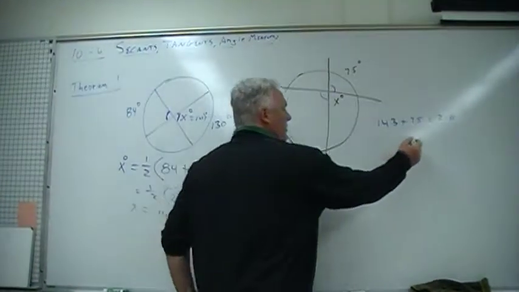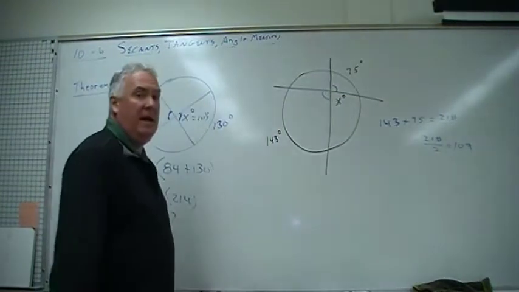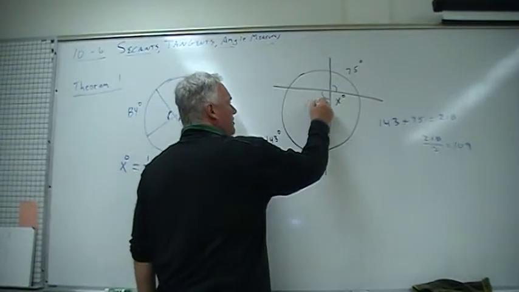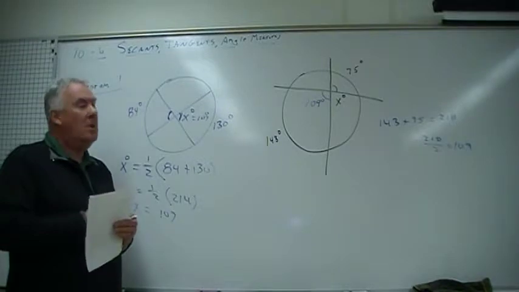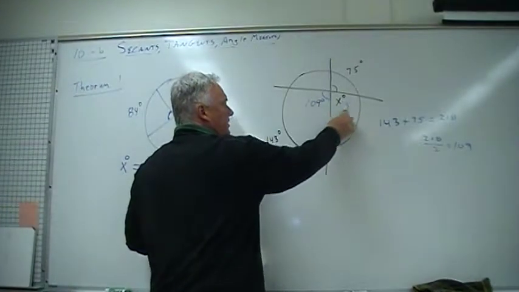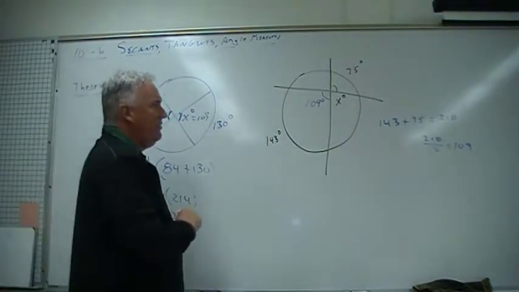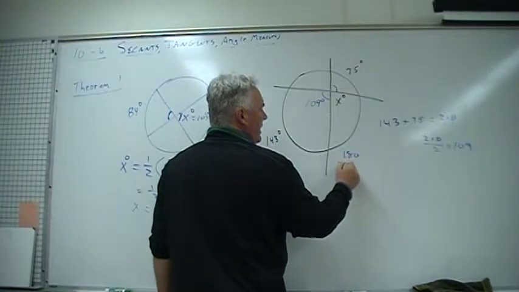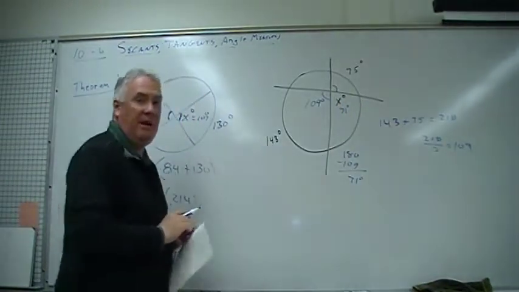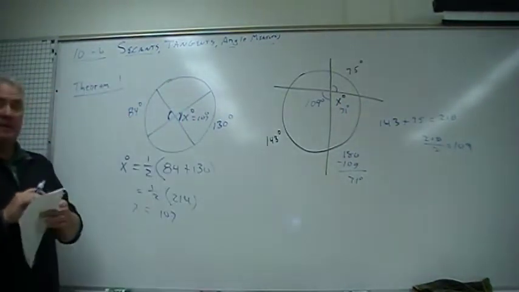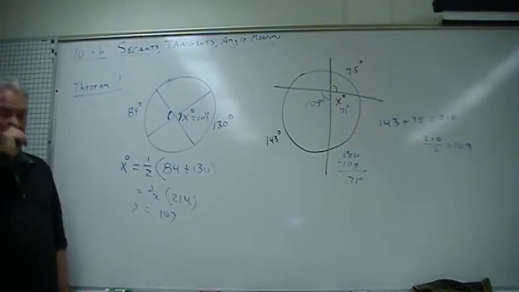That means when you do 218 divided by 2, you get 109. 109 is this measure right there. That's not what we're trying to find though. We're trying to find this measure here. And because they're on the same line, they're supplementary, and they add up to 180. So 180 minus 109 will give us 71. So these are two examples from the first theorem that I gave you.